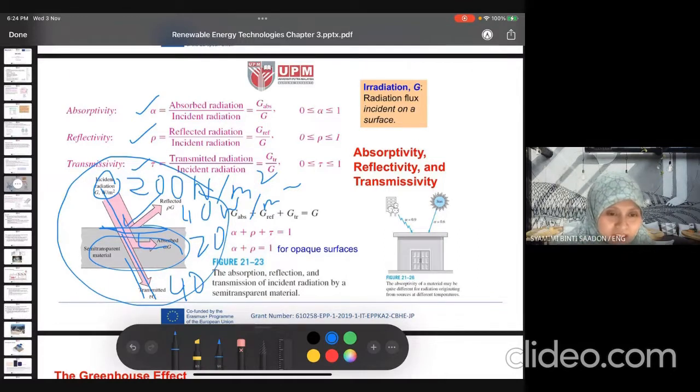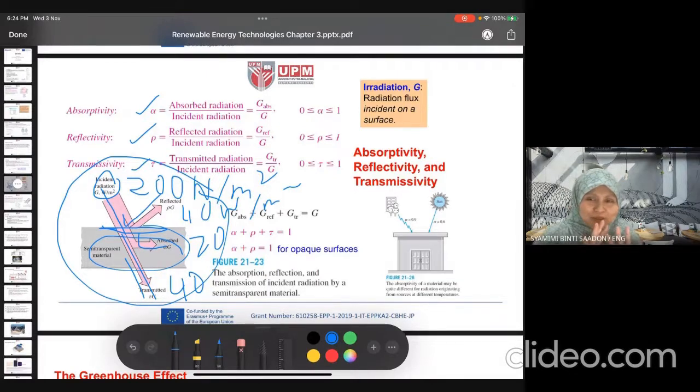If you have a normal body, glass, for example the window glass, glazing windows, the sum of the absorptivity, reflectivity, and transmissivity is equal to 1. But for an opaque surface, opaque, what do you call it in Bahasa Melayu?